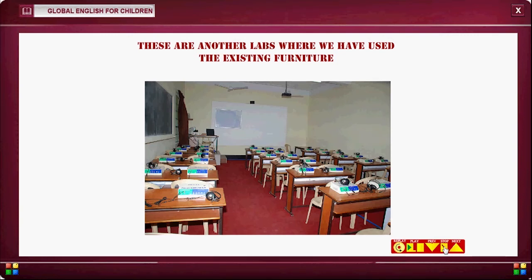It is not the infrastructure, but how we use it and how the teachers are conveniently using this one for the benefit of the students to impart correct English. That is what we are more concerned with. Now, a full 40-seated language lab will be looking like this when presented in an average infrastructure, average place.